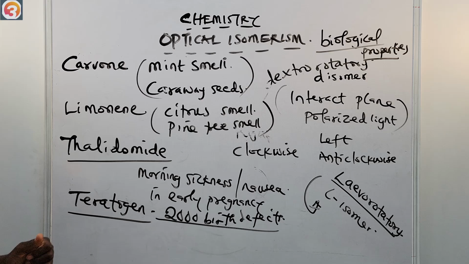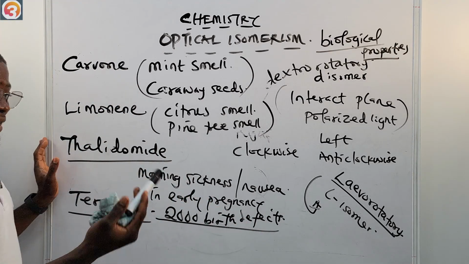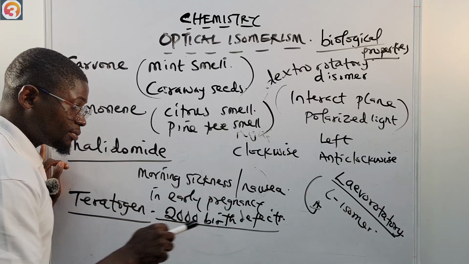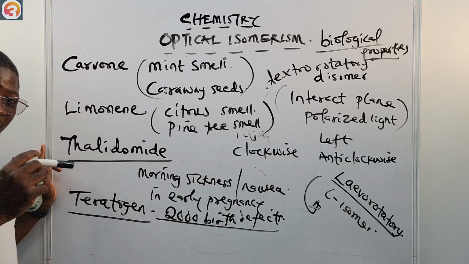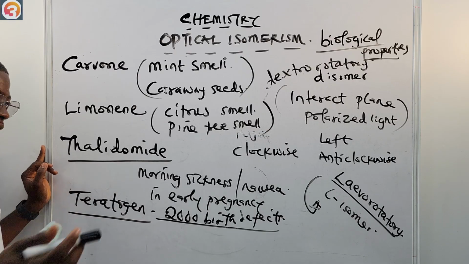So that is the importance of optical isomerism. It is because of this that we knew that this one has another isomer that causes deformations in early pregnancy, or stillbirth, or several defects.